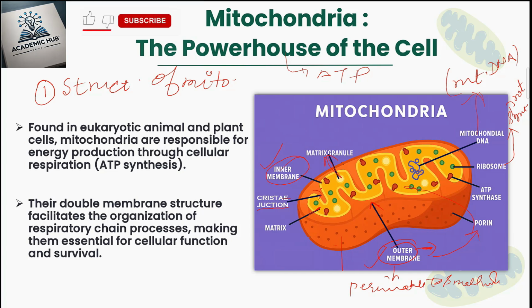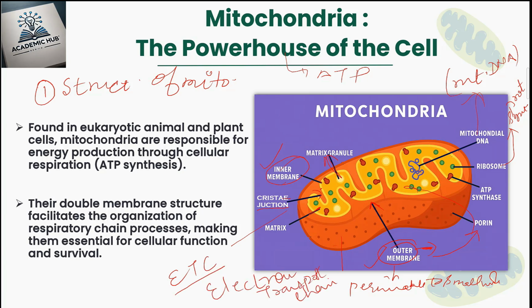Second is the inner membrane. It is folded into structures called cristae, which increase the surface area for energy production, and it houses the ETC, the electron transport chain, and ATP synthase, which is important for ATP generation.